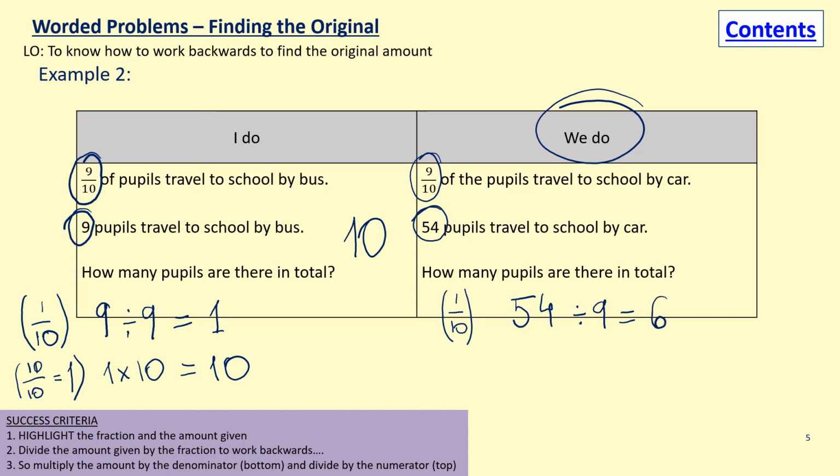So 1/10 is 6. So now to work out the whole amount, which is 10/10, which is 1, that's 6 times 10 equals 60. So the answer is there are 60 pupils in total.